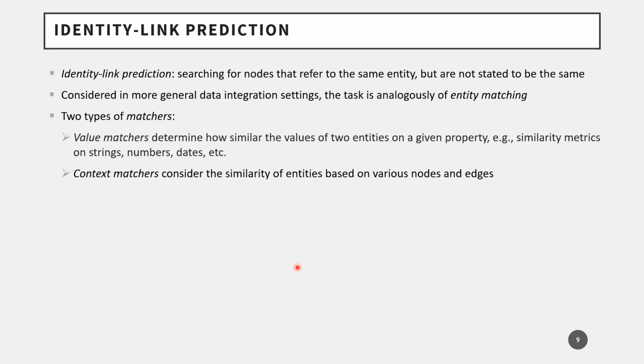If we consider the values to determine the similarity, we consider the values of the two entities on a given property, for example, similarity matches on strings, numbers, or dates, etc. For the case of context matches, we consider similarity of entities based on various nodes and edges in the graph.